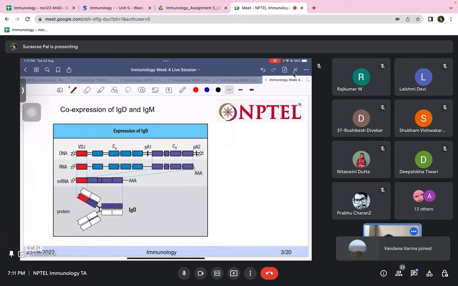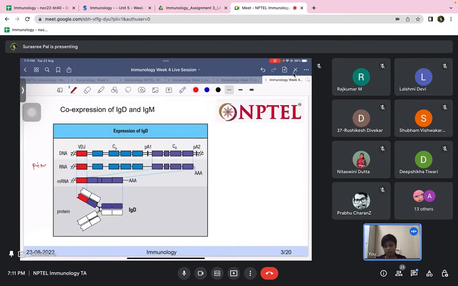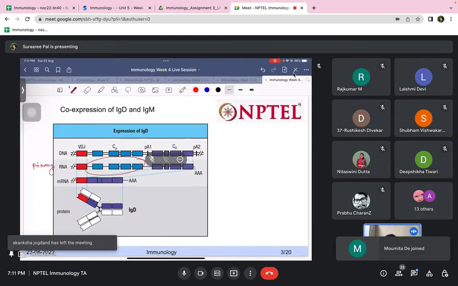Here you can see that from the same DNA and from the same primary RNA, the C mu region, the constant region for IgM, is being spliced out, and only the C delta region is being expressed.